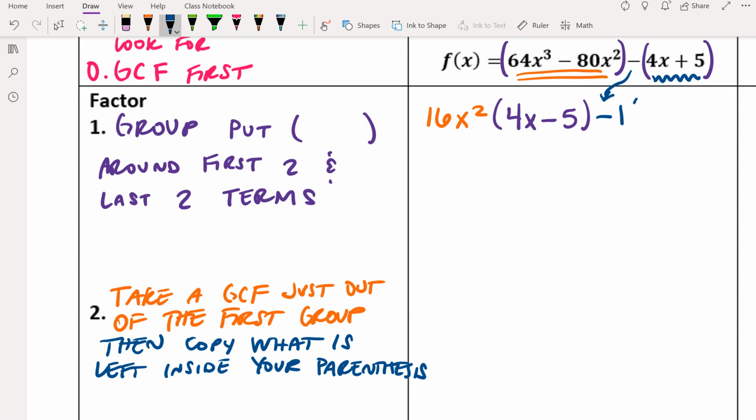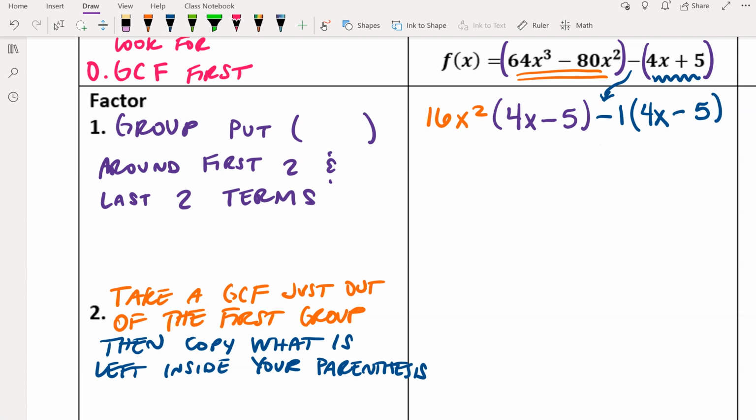When you do that, what's left? 4 divided by 1 is 4. We still have the x. And then this is the tricky part. 5 divided by 1 is 5, right? But this negative, we're taking negative 1 out. So this is going to turn into a minus sign.